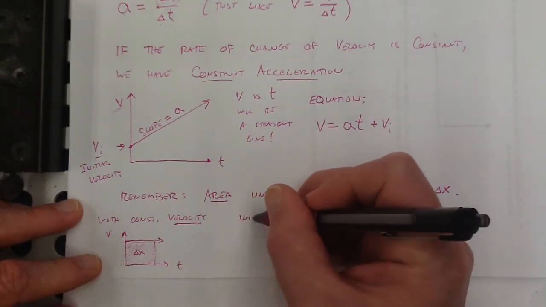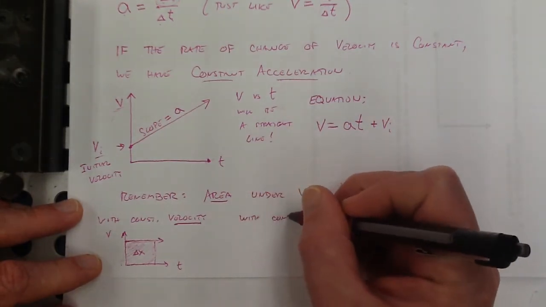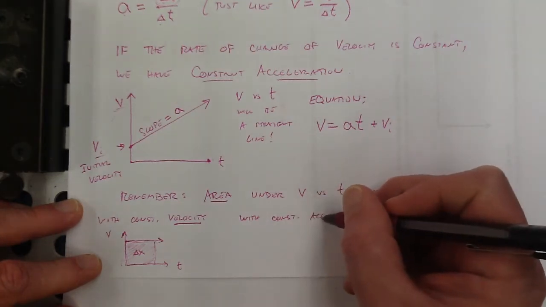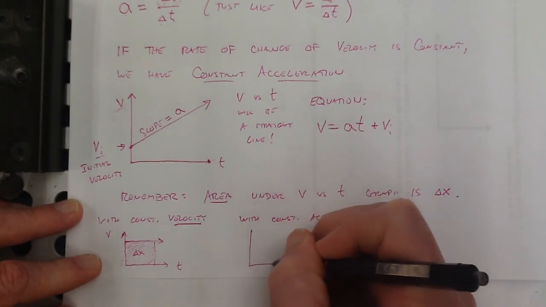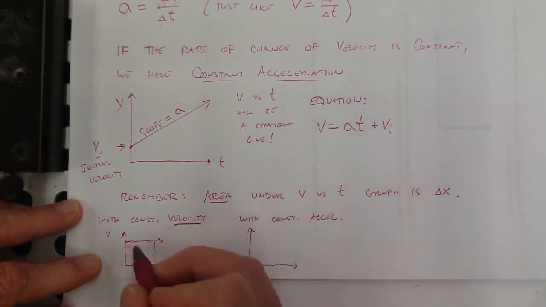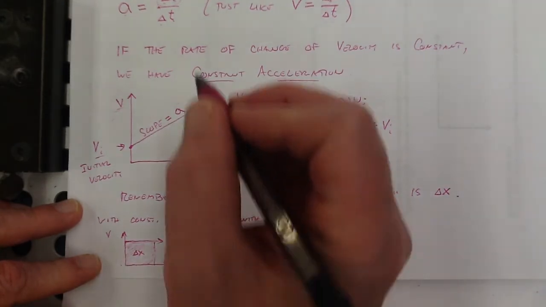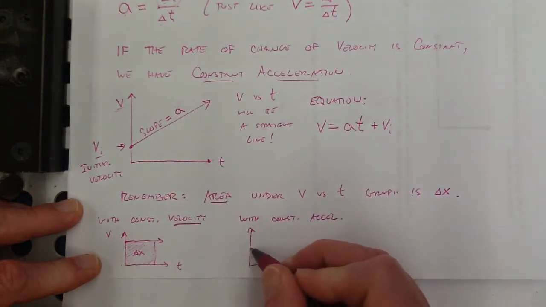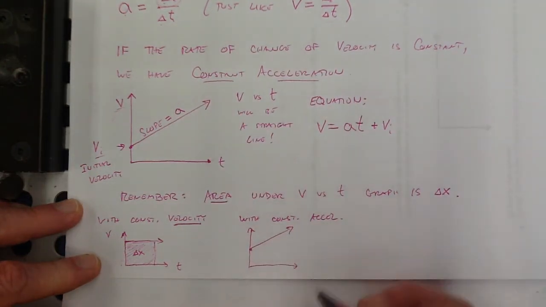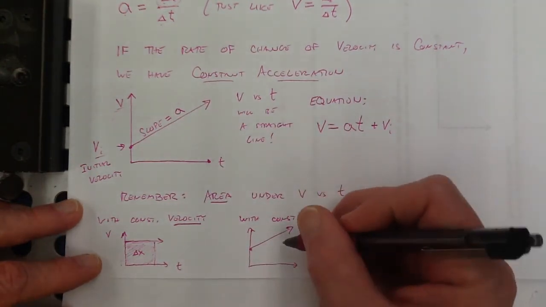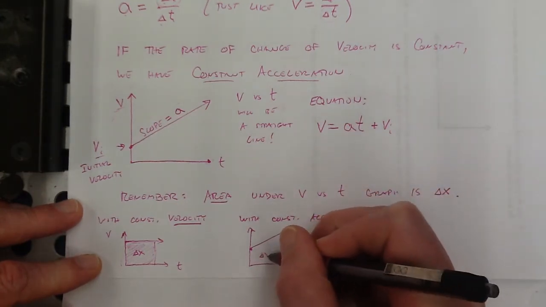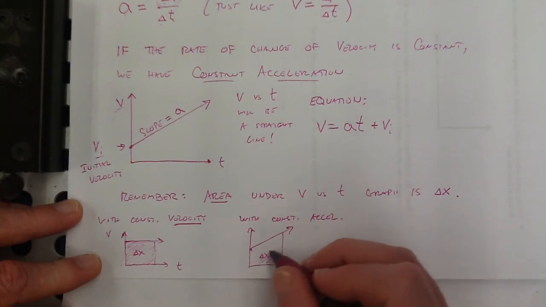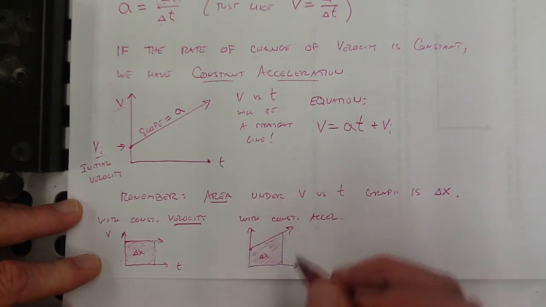With constant acceleration, our v versus t graphs are not going to be horizontal lines because the velocity is changing. We have acceleration. They're going to be these sloped lines. And if you want to know what's the displacement, you can do the same trick here with the area.